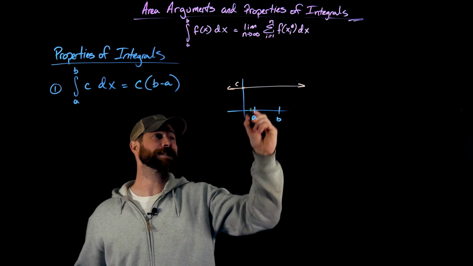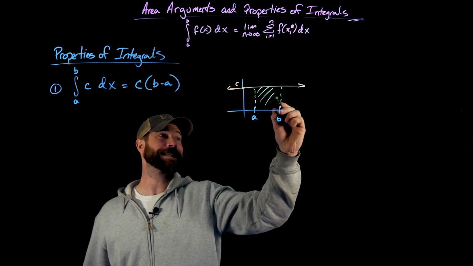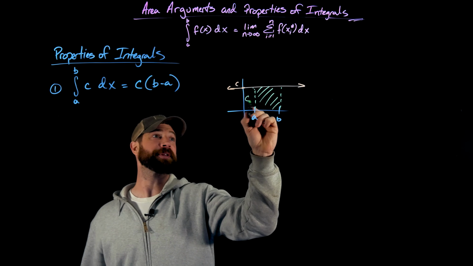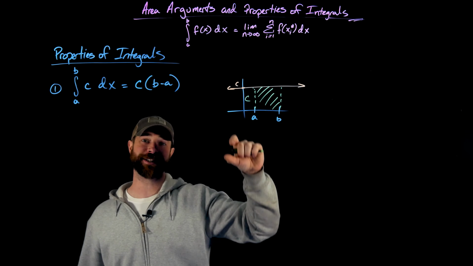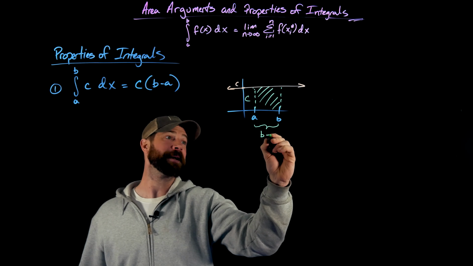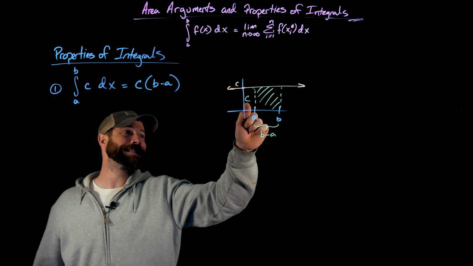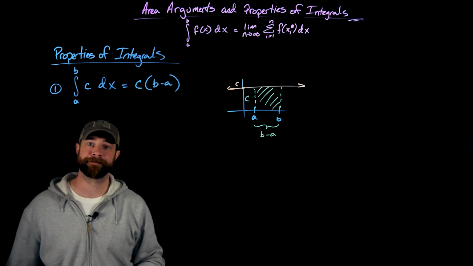But as you may see already, this is simply a rectangle. It's a rectangle with the height of c, because that's the value of this constant function, and has a width here of b minus a, or the width of that interval. The area is c times b minus a.